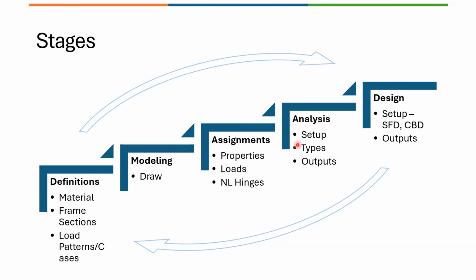The next stage is analysis and its outputs. We'll review them, and if needed, we'll iterate, and then we'll perform the design of the members. If members are not satisfying the design checks, then we will come back to update the model with changed properties. This entire process is the basis of how we are going to use the program, and this is the workflow.